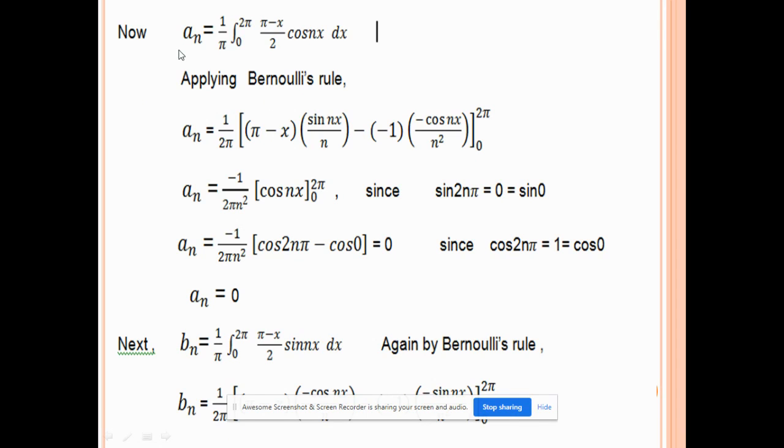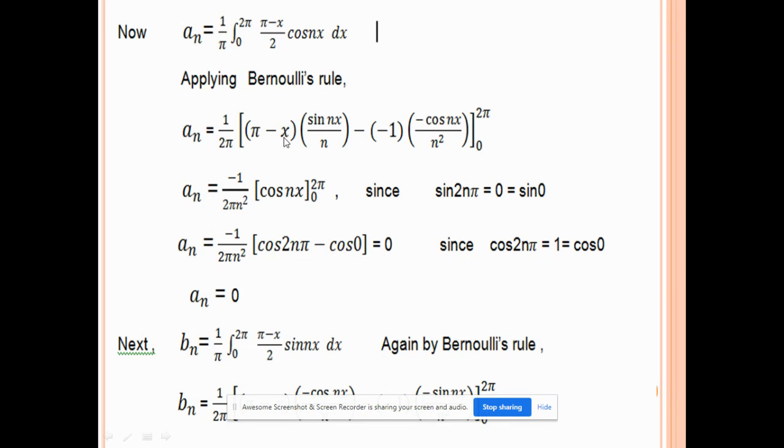Next, for finding an is equal to 1 by pi integration from 0 to 2 pi, (pi minus x) divided by 2 cos nx dx. Applying Bernoulli's rule here, we get an is equal to 1 by 2 pi. Here 1 by 2 is constant, take outside. Here pi minus x into cos nx.